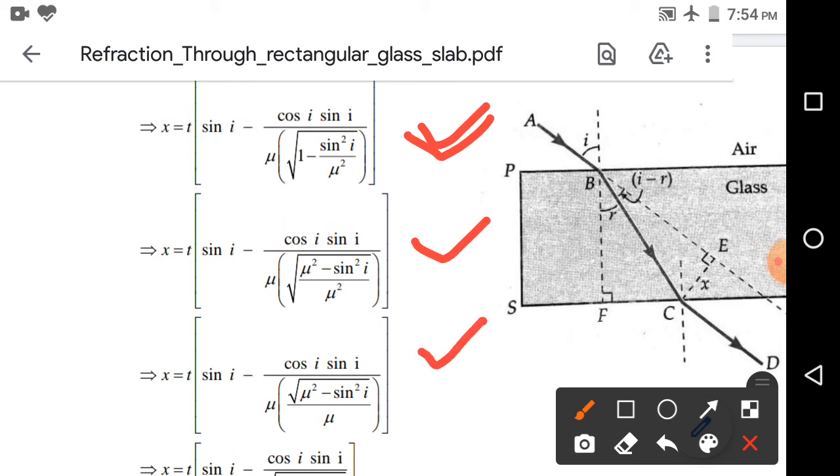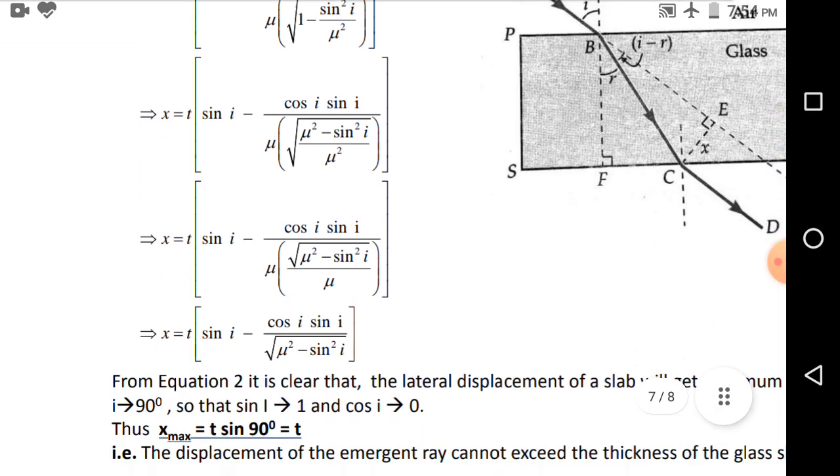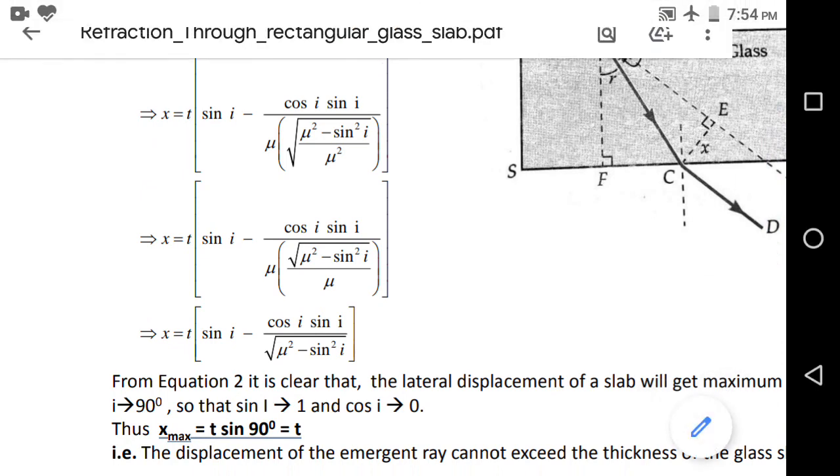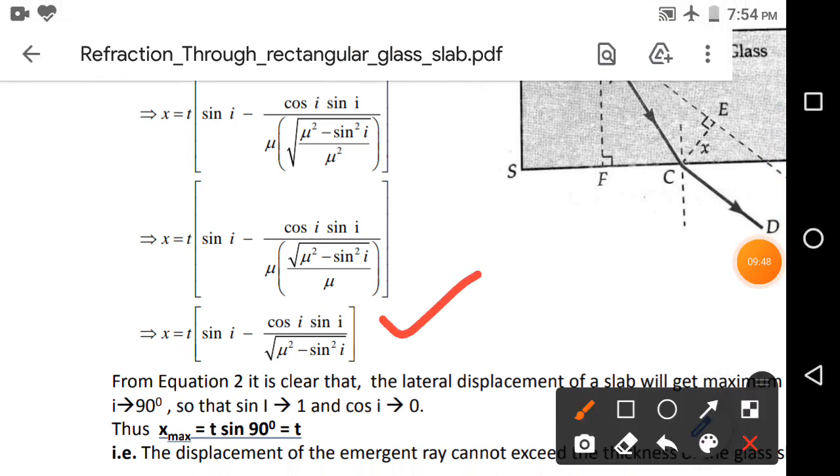The next equation will be X equals T into (sin i minus cos i sin i by mu into root of (mu square minus sin square i) by mu). Then this mu and mu cancel out. Then we get the expression for lateral shift, that is X equals T into (sin i minus cos i sin i by root of mu square minus sin square i).